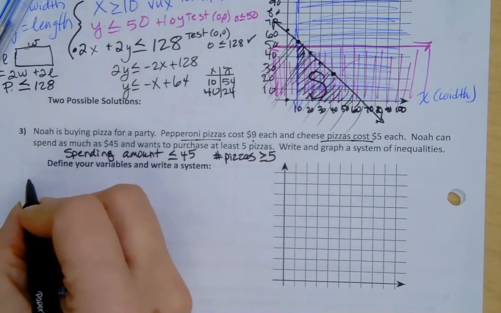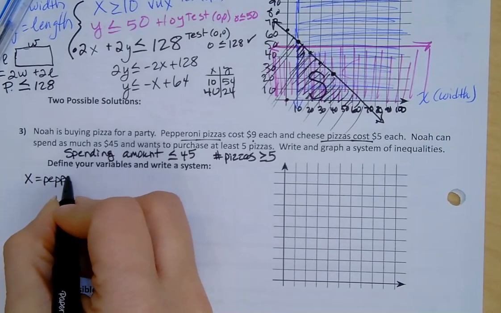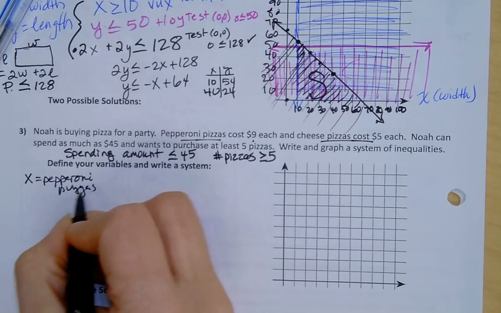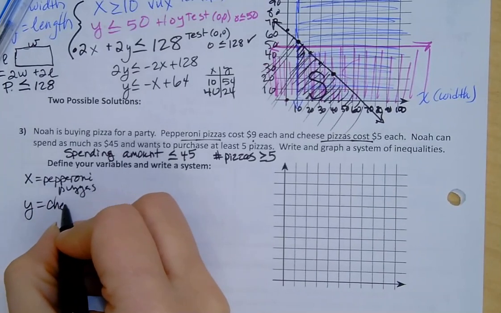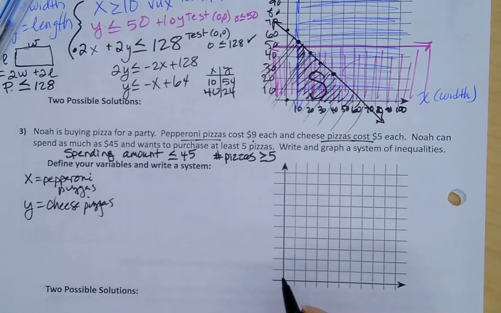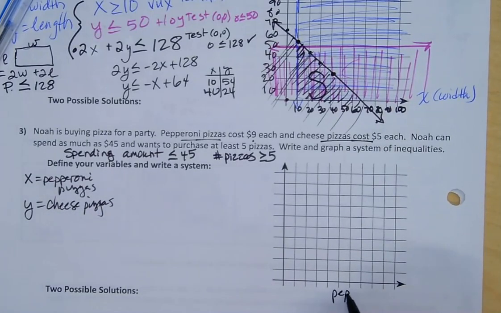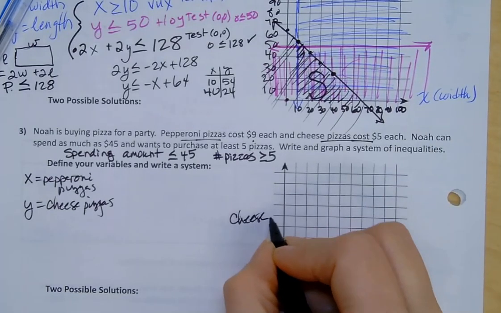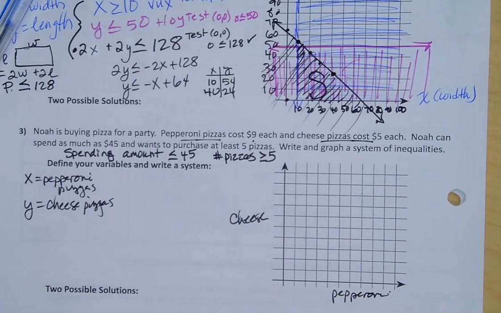Okay, I'm going to say X stands for my pepperoni pizzas, and Y stands for my cheese pizzas. So if X is pepperoni pizzas and Y is cheese pizzas, that's what it's going to look like on here.